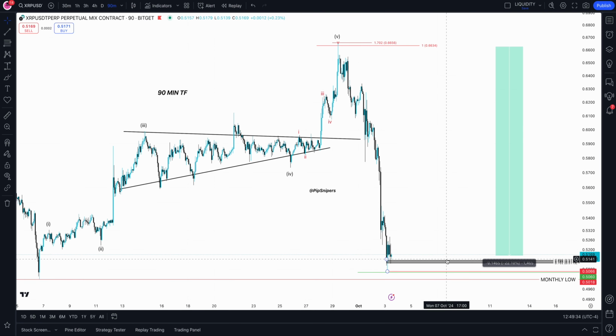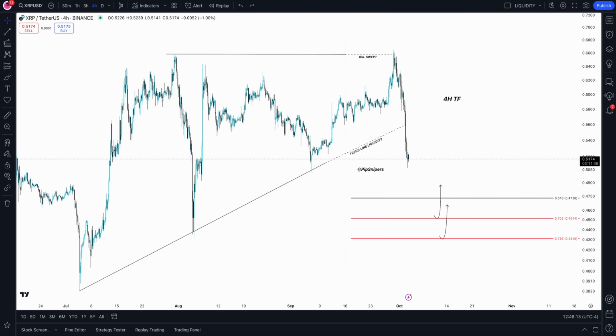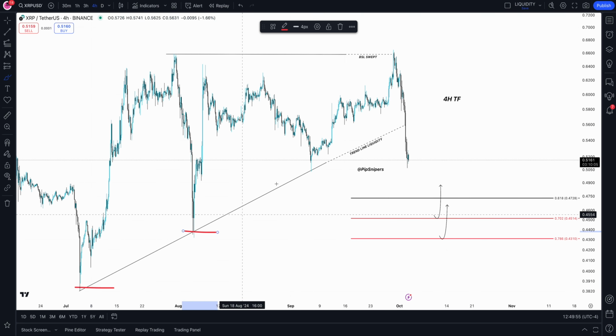Okay, so what I would be expecting going forward is a little bit more of a retrace. Now, referring back to my last video that I posted on XRP, I said that we have liquidity resting underneath this trend line. Okay, there's retail traders putting their buy stops underneath this trend line because they think, oh, okay, higher lows, right?